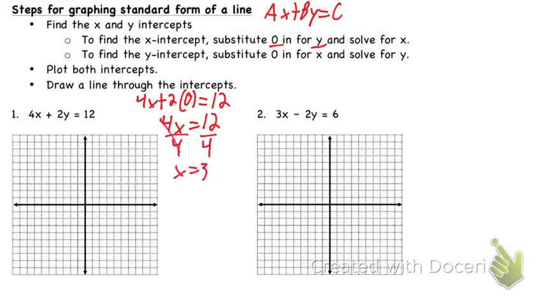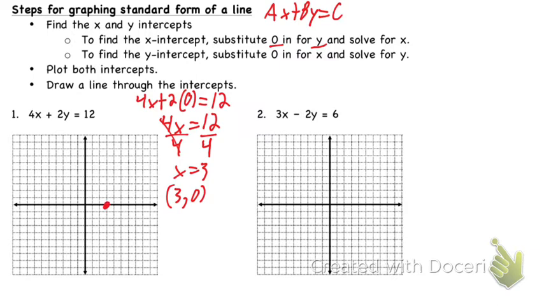So we plugged in 0 for y, and we got 3 out for x. That means we have an ordered pair where x is 3 and y is 0, because our x value was 3 when y was 0. So this gives us an ordered pair, (3, 0). And if we go ahead and plot (3, 0), we get it to be right here.